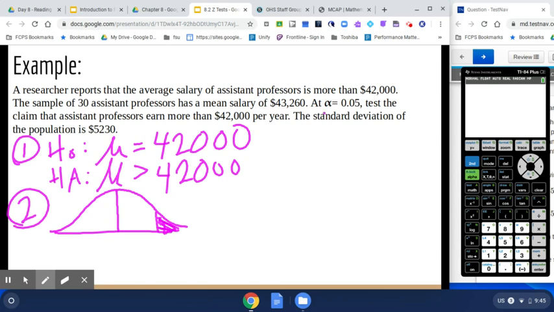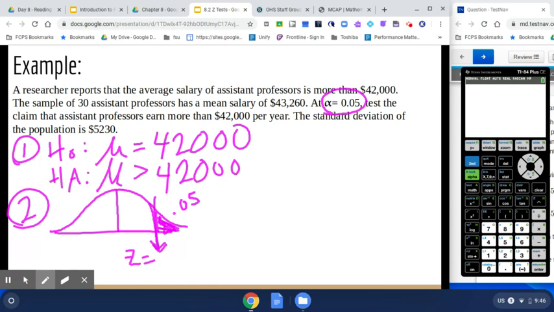The alpha value that is given in the prompt is going to go where the shaded region is. So the critical value is the z value that is associated with this line on the normal curve, or this area under the curve to the right that is equivalent to 5%.